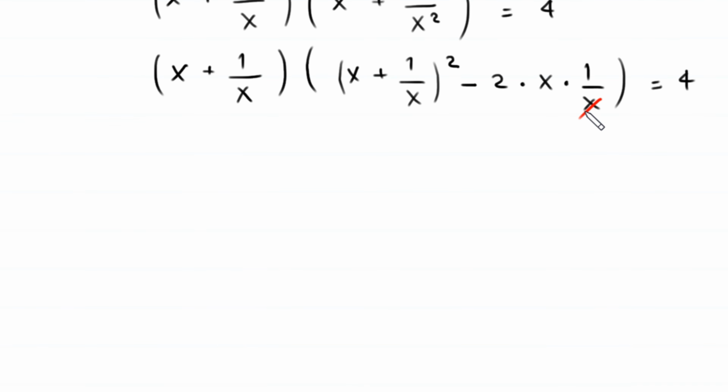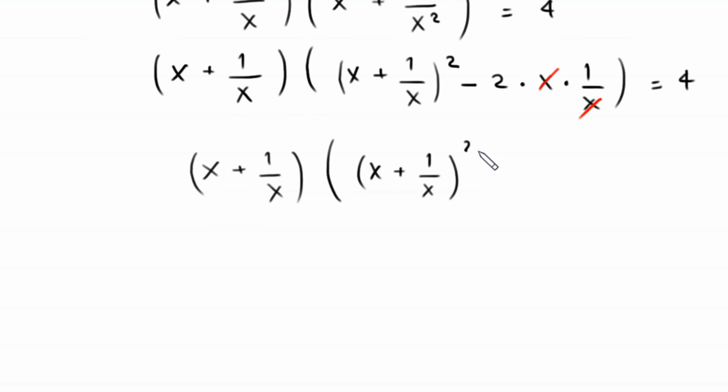Now this x will be cancelled out with this x, and we are left with (x + 1/x) times ((x + 1/x) whole squared minus 2) is equal to 4.